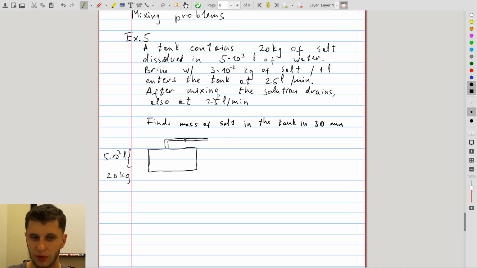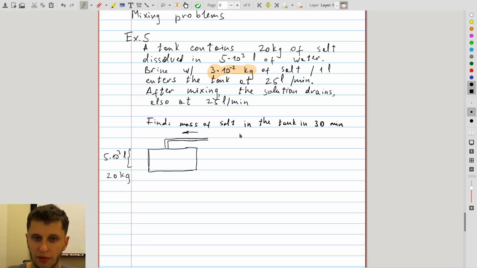So first you have 20 kilograms of salt in there, and then there is flow of brine which goes into the tank. And this flow, the brine that flows in, it contains 30 grams of salt per 1 liter of the liquid, of the brine.